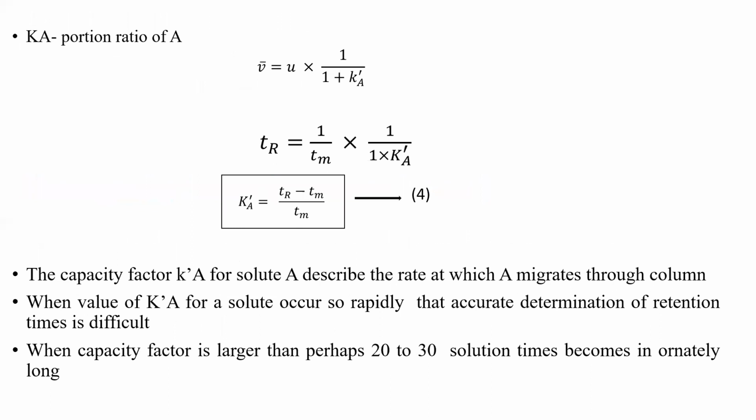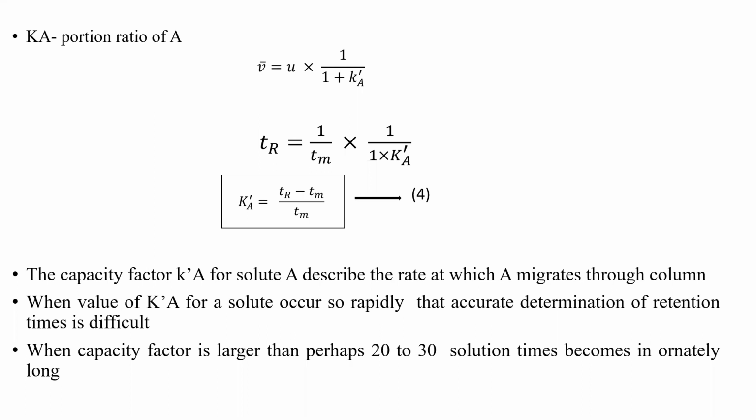Ka is the partition ratio of A. Here V dash equals U times 1 divided by 1 plus K dash A. TR equals Tm times 1 plus K dash A. Rearranged, K dash A equals TR minus Tm divided by Tm.